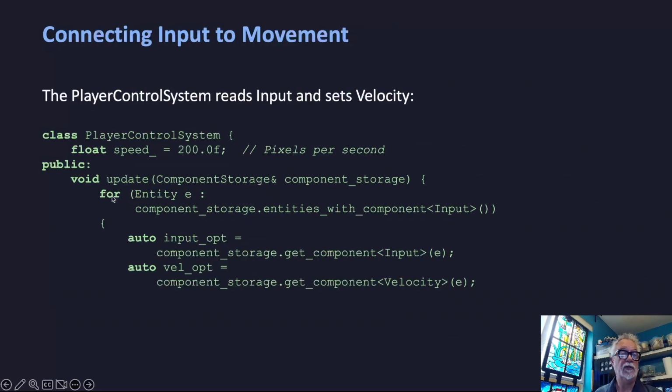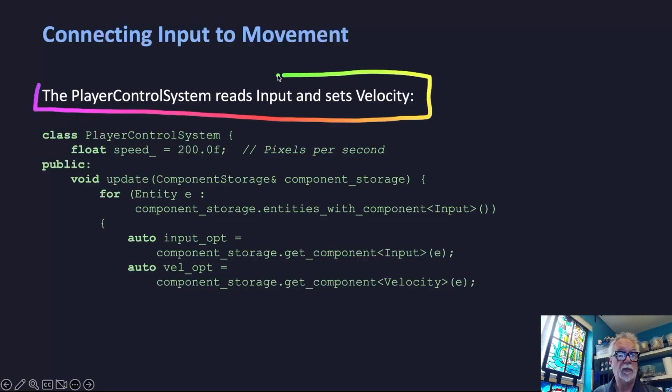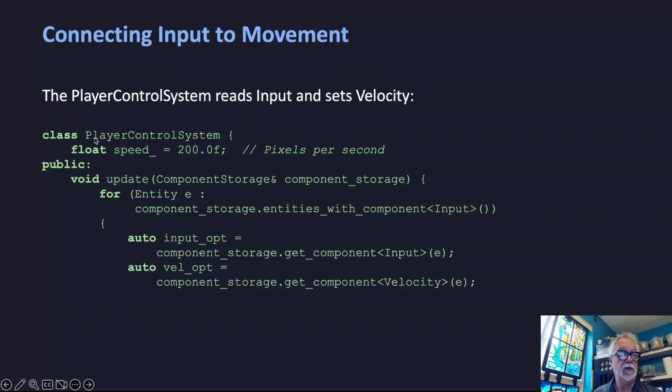So now let's connect our input to movement. There we go. This is the part that we have all been waiting for. I'm going to add a player control system, right? This is a system that I'm going to add, and in this game that we're building right now, we're just going to have a player run around, right?